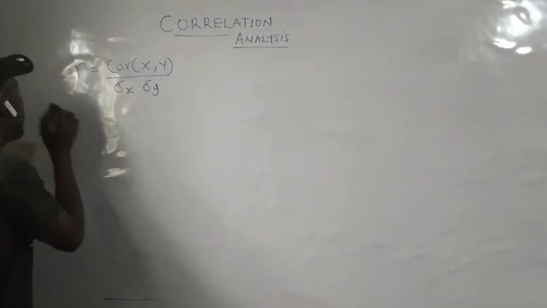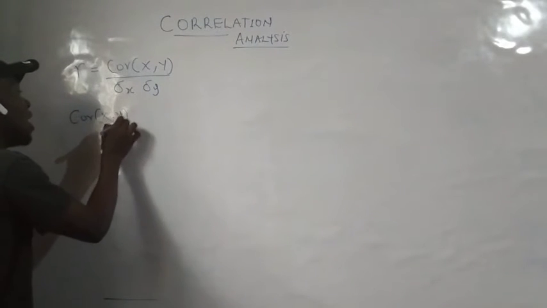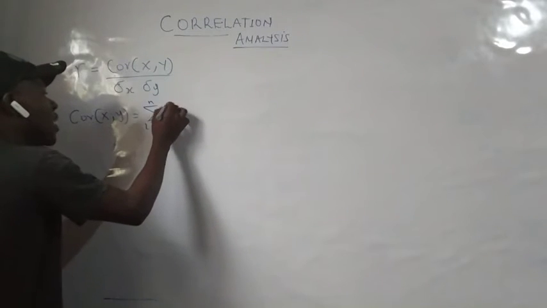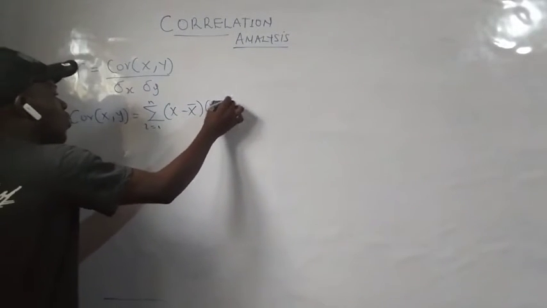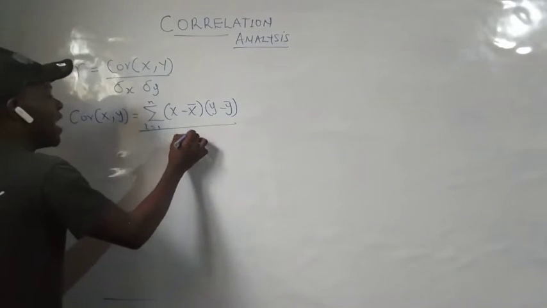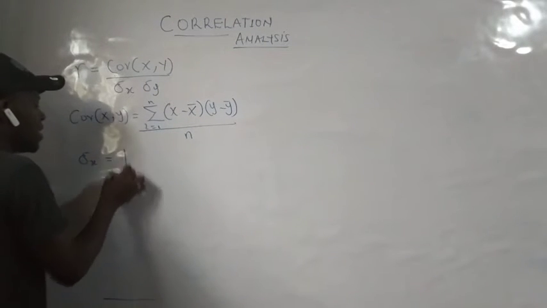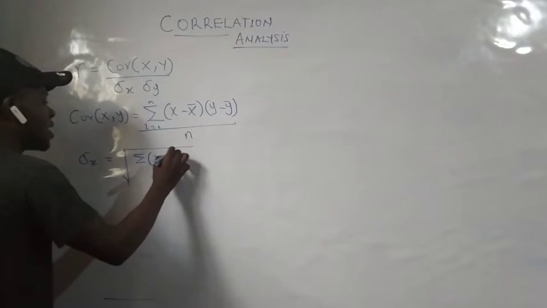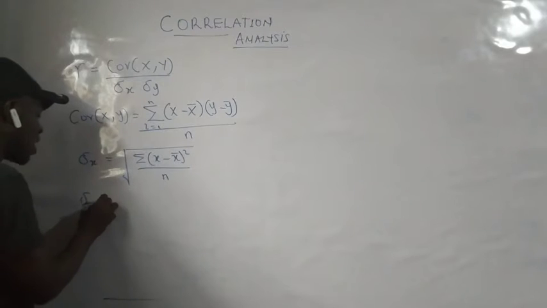And we know from our basic statistics that the covariance of x and y is the summation of i from 1 to n of x minus x bar times y minus y bar, all over n. Meanwhile, sigma of x is given as the square root of the summation of x minus x bar squared all over n, and sigma of y is given as what?